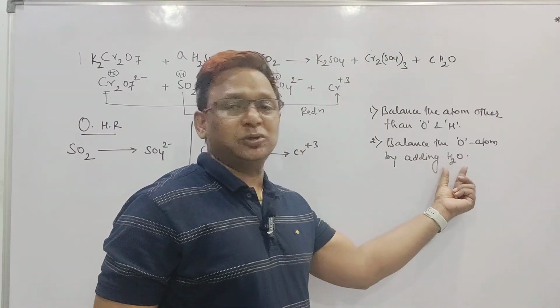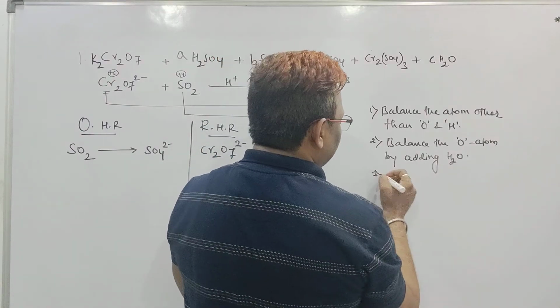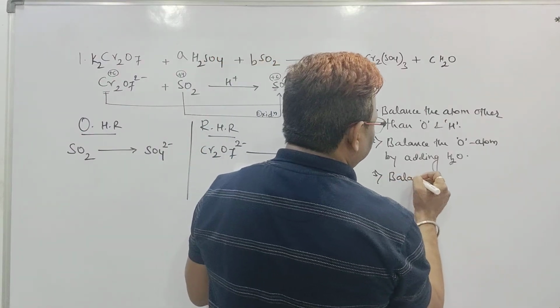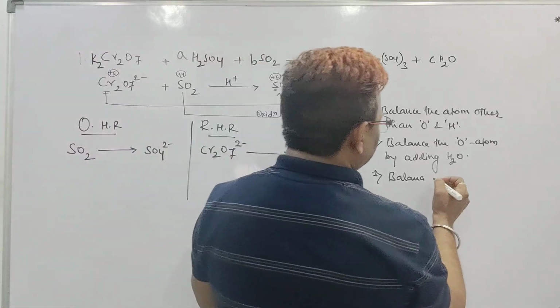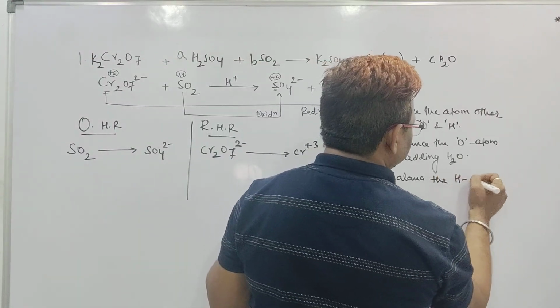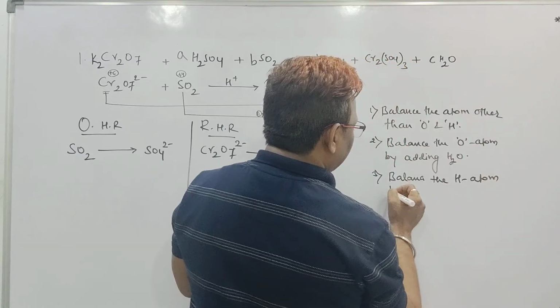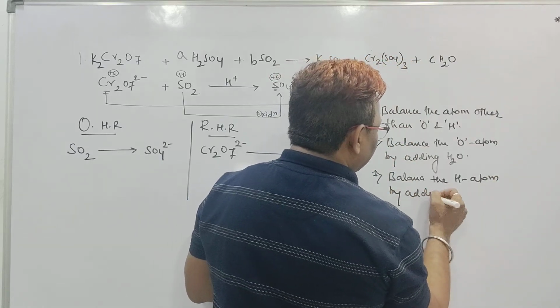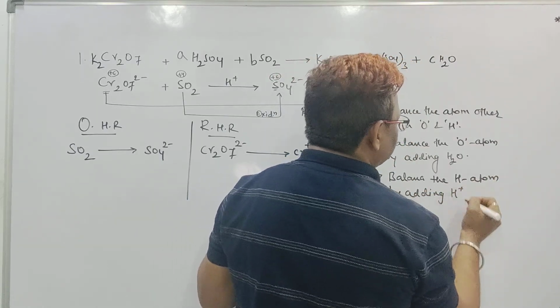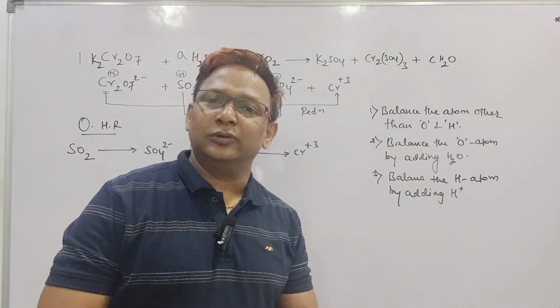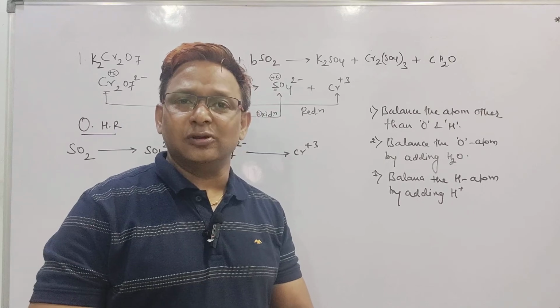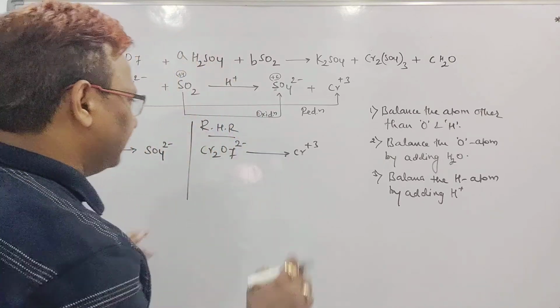By adding H2O. Third one, balance the hydrogen atoms. Do you know, beta? It is in acidic medium because we are using sulfuric acid. Balance the hydrogen atoms. How? By adding H plus. And the remaining one is to balance the charges and add both the half reactions, that is the oxidation half and the reduction half, and we will get the balanced equation.